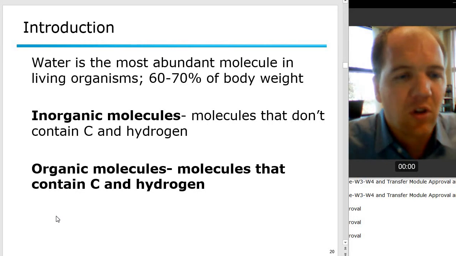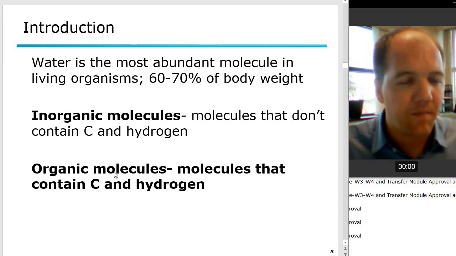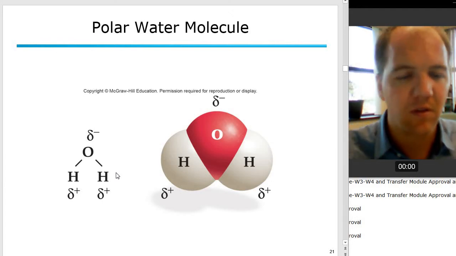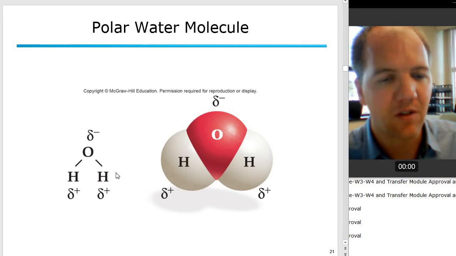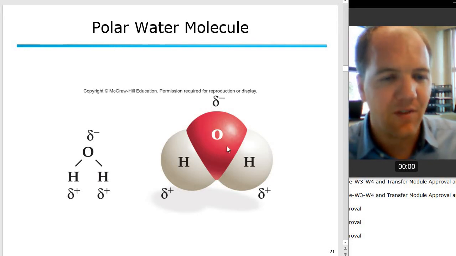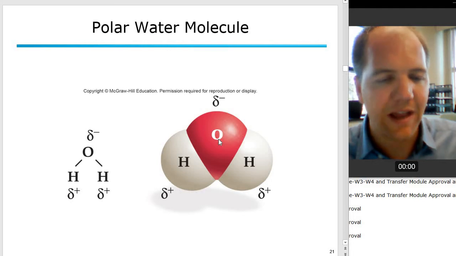So let's look a little more closely at the water molecule. Here it is again. These are two different ways to draw or illustrate the water molecule. The one on the right is a bubble diagram showing how the hydrogens and oxygen atoms interact.